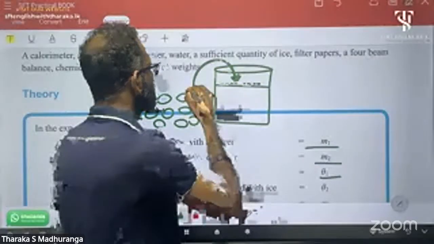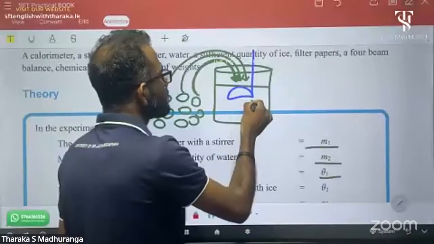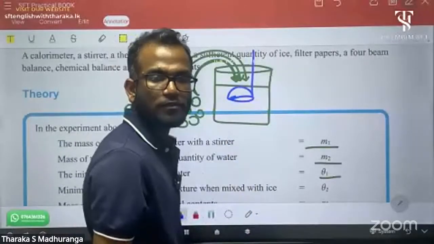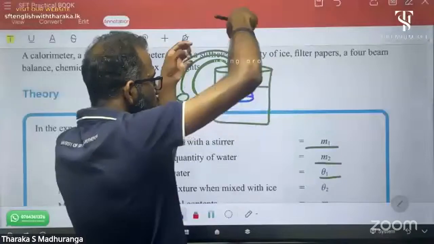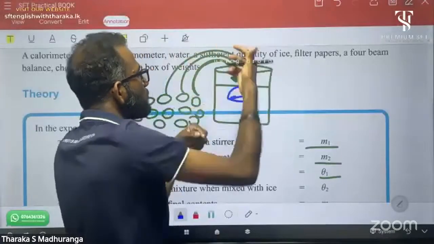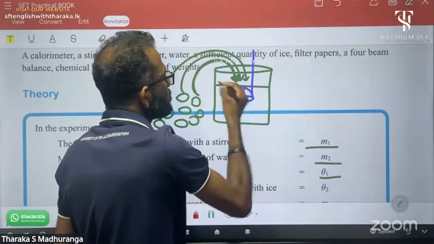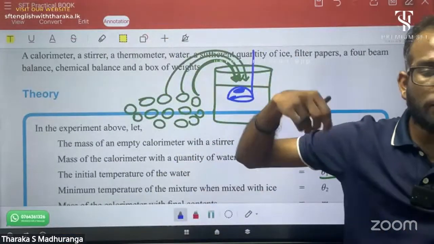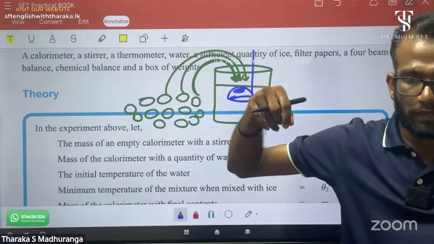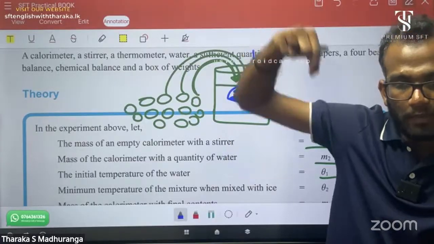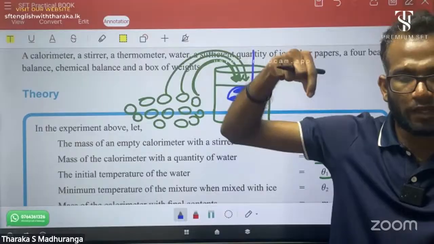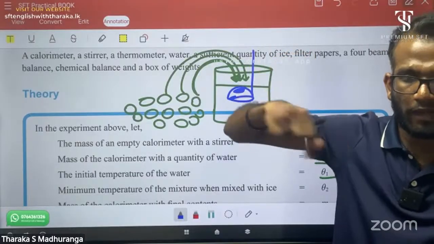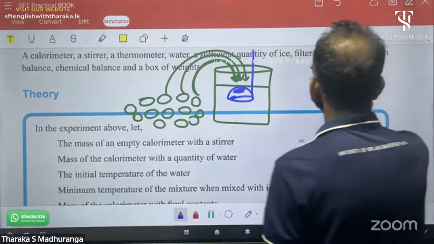And here we have to use a net stirrer. What's the purpose of adding a net stirrer? The ice cubes dissolve without environment involvement, without atmospheric heat involvement. That's why we use a net stirrer to totally submerge the ice.